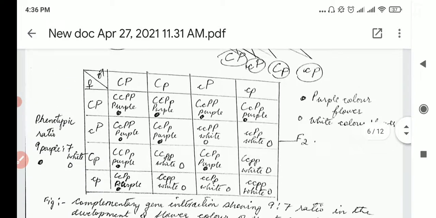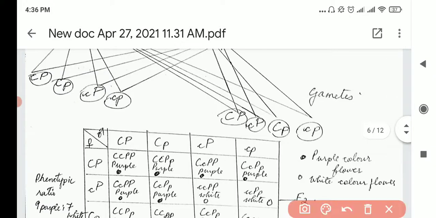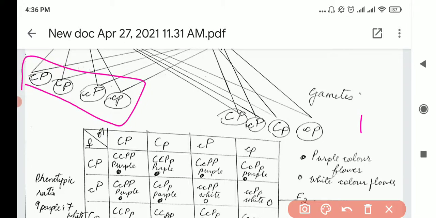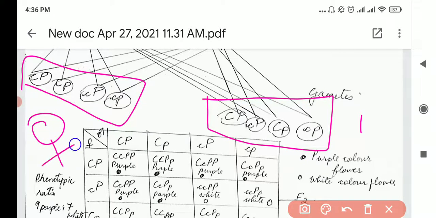Okay, then all these you have arranged, no? All these you got, no, the gametes. Okay, then here also you got the gametes, no? Then this is the mother's side and this is the father's side gamete. Okay, so you arrange them.